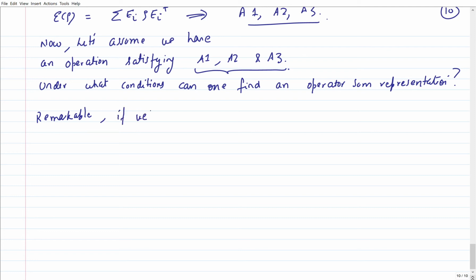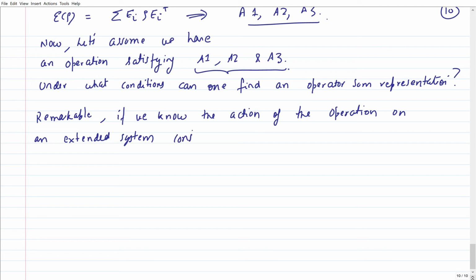If we know the action of the operation on an extended system consisting of the maximally entangled state. That's it. That will do.